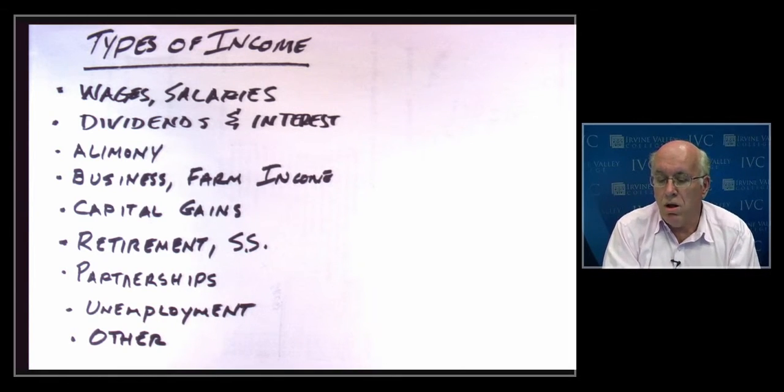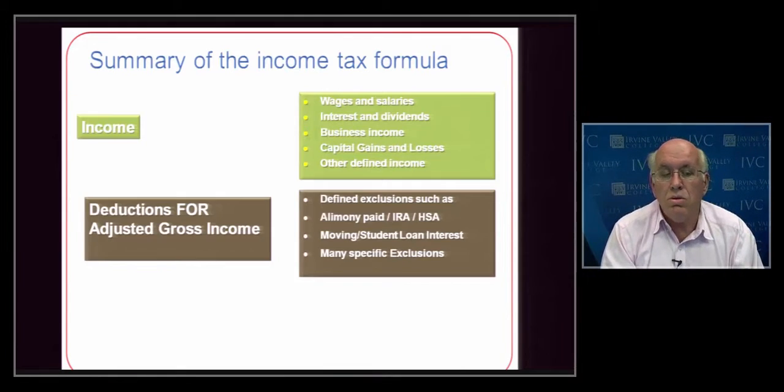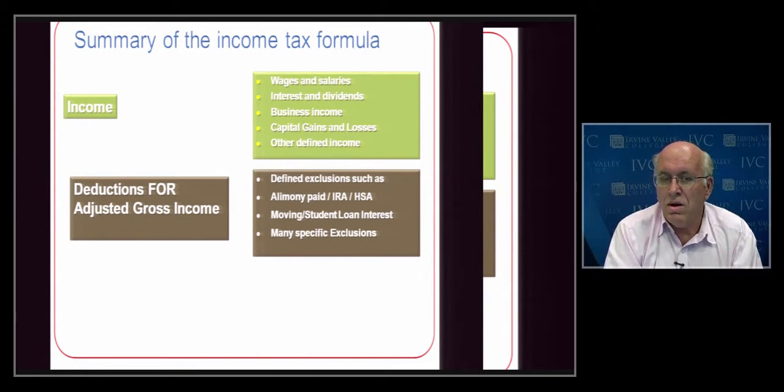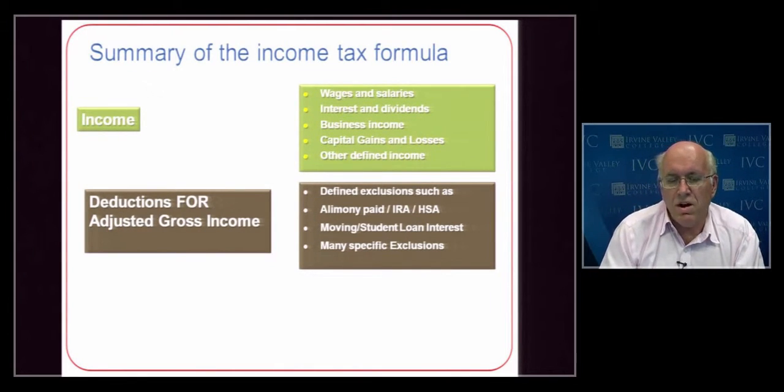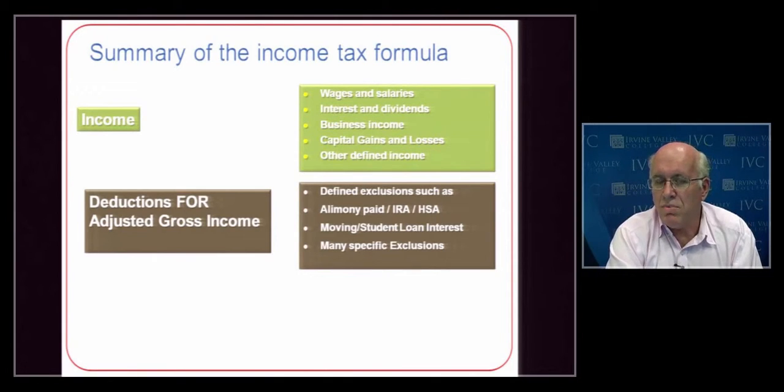Once you compute all of your total income, you then compute your allowed deductions for adjusted gross income. Those are items that Congress has decided to allow in the computation of our adjusted gross income. Things like payments to HSAs or health savings accounts, individual retirement accounts, the amount of alimony that is paid, moving costs or student loan interest, other things that many people spend.